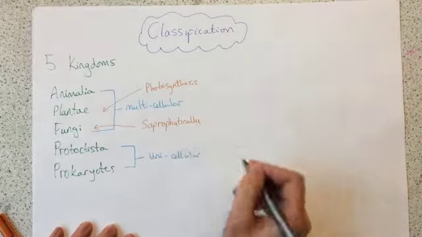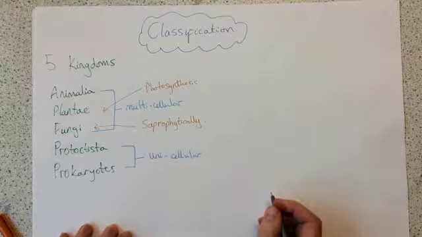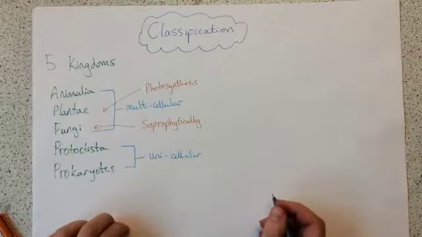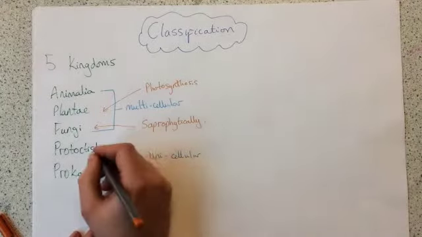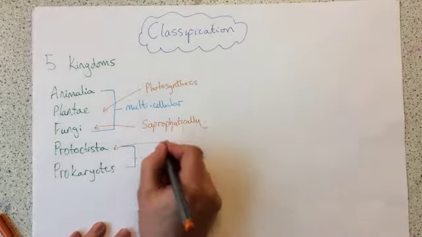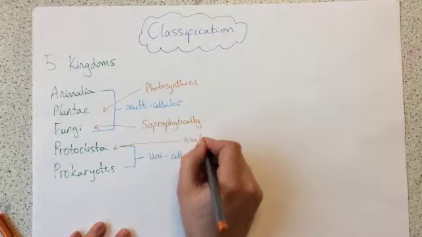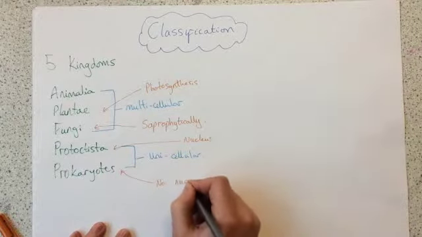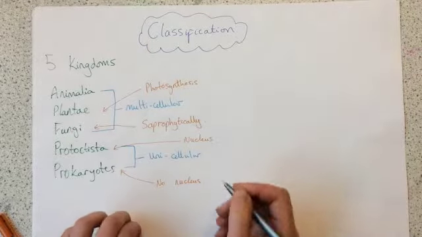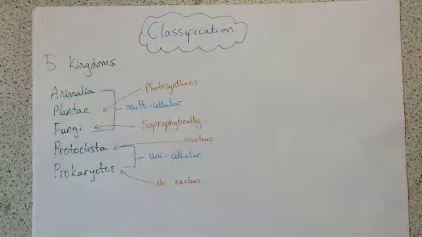So they create their food saprophytically. Okay? The last thing we need to look at is the fact that these ones here have a nucleus and these ones here have no nucleus. Now you should be able to tell all the different parts of the kingdom apart.